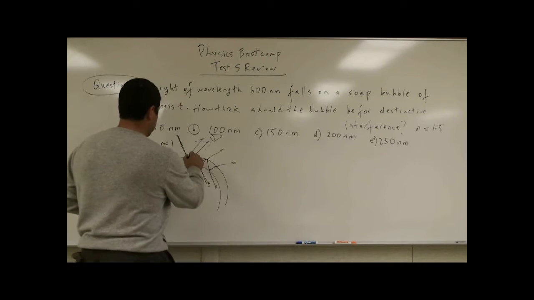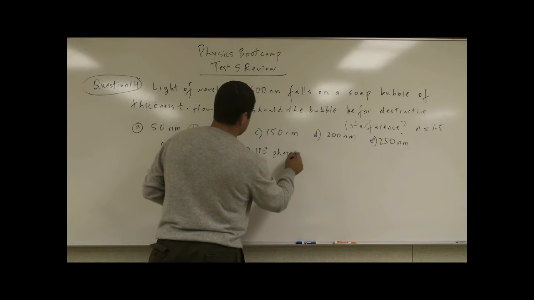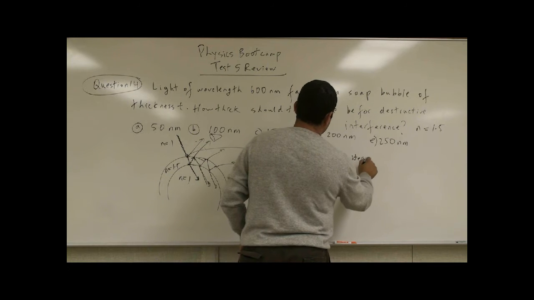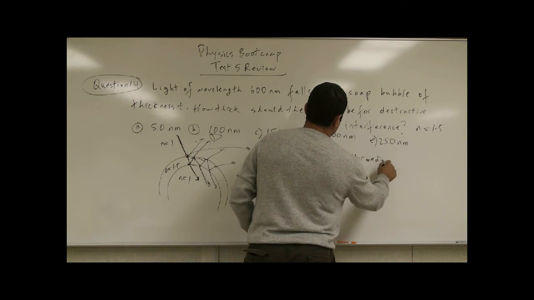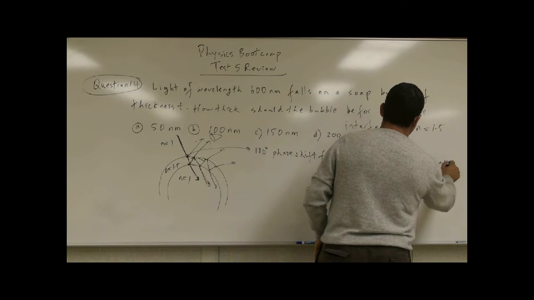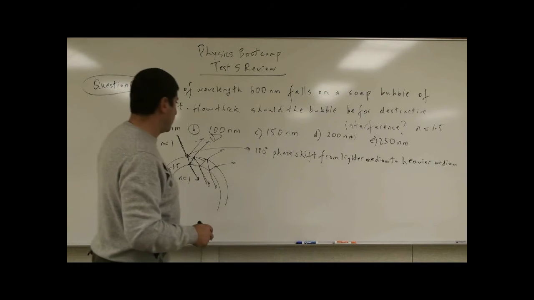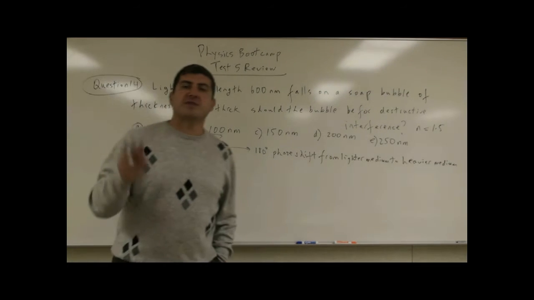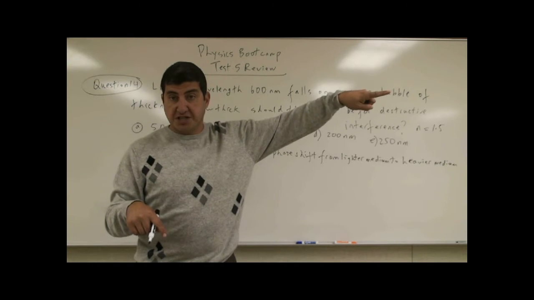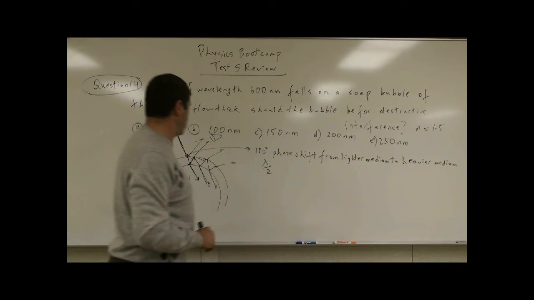So over here, there's a 180-degree phase shift from a lighter medium to a heavier medium. Another way to say that is a phase shift of half a wavelength. A complete wavelength is 360 degrees, half a wavelength is 180 degrees. So lambda over 2.